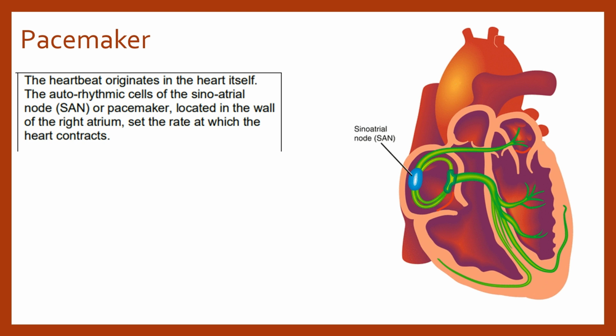The frequency with which it sends out these electrical impulses determines how often your heart contracts. You find the sinoatrial node located in the wall of the right atrium, close to the vena cava.